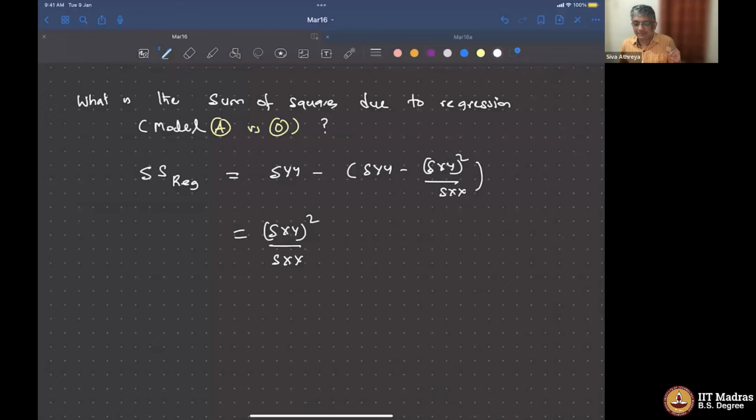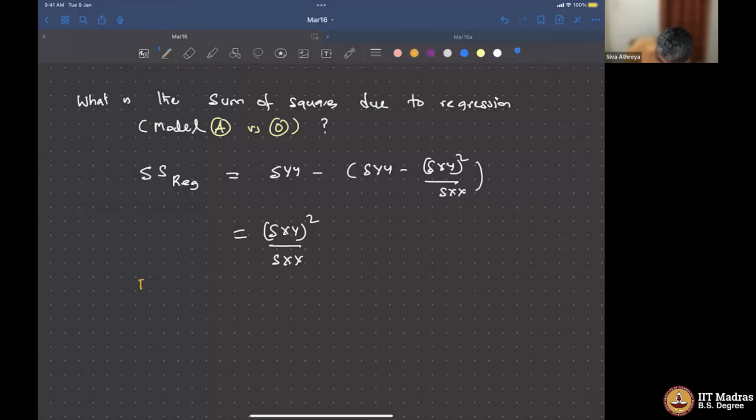And this is the difference in degrees of freedom from model 0. The first one was n minus 1. The second one was n minus 2. So let's write it down.